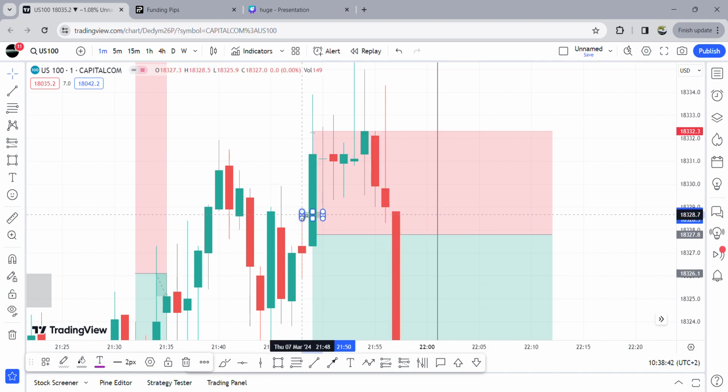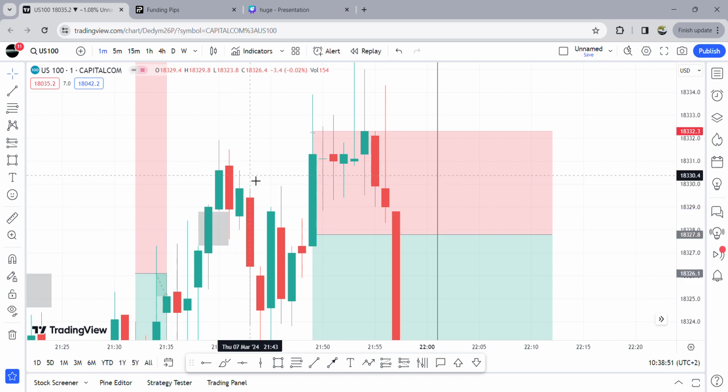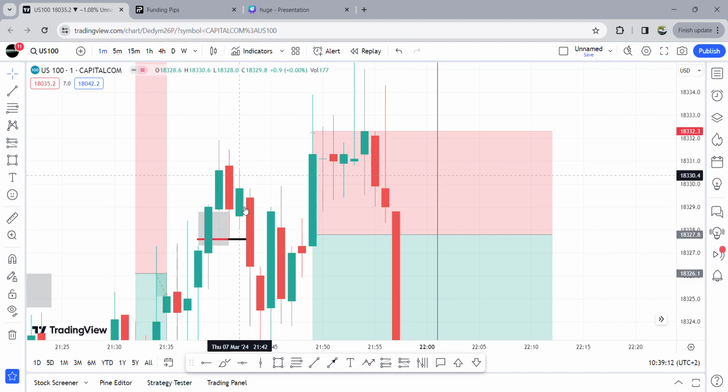So we've got this fair value gap up. Wait, I'm marking the wrong area. Got this fair value gap up. Got the swing point. I'm going to make this one red again. And we've got the other side. Make that side black. The low of the candle that made the fair value gap, the first candle, taking a short from this low.